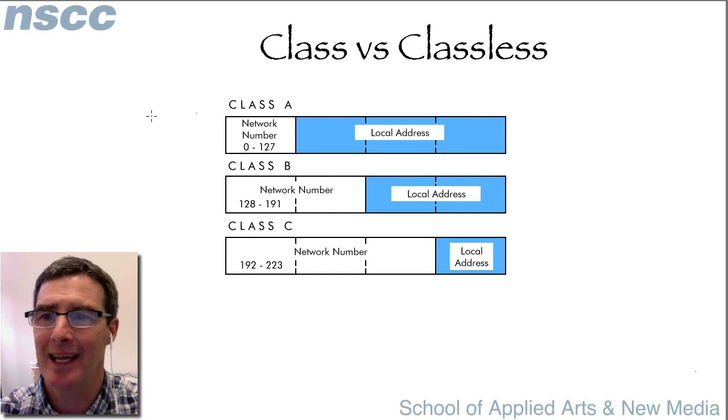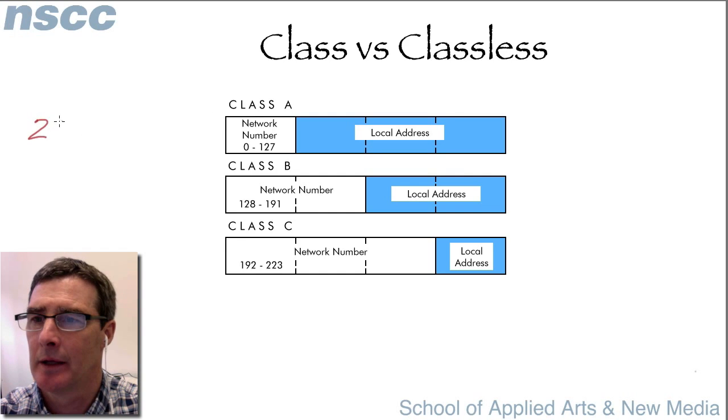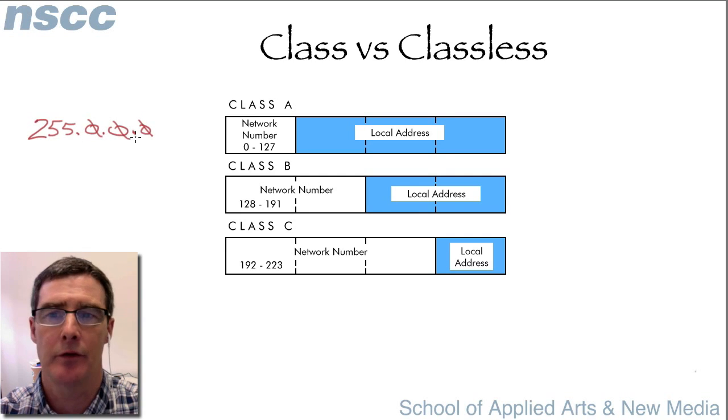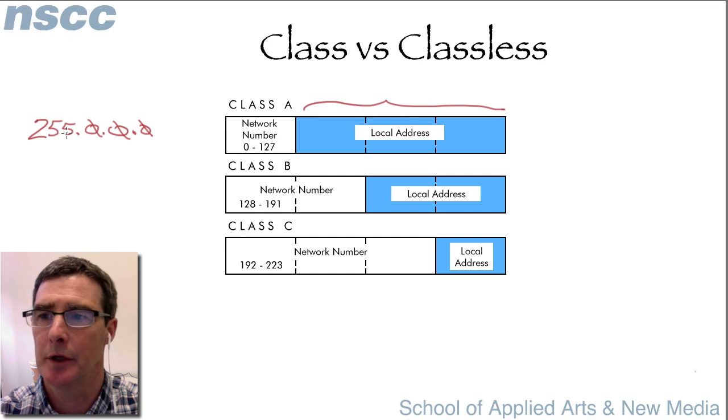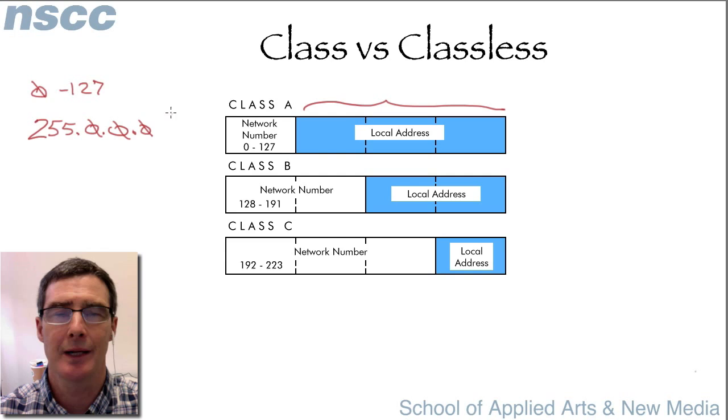A Class A network has a mask where we have 255 in the first octet and zeros in the others. So these are local addresses, and we have a number in the IP range which goes from 0 to 127. That's referred to as a Class A address.